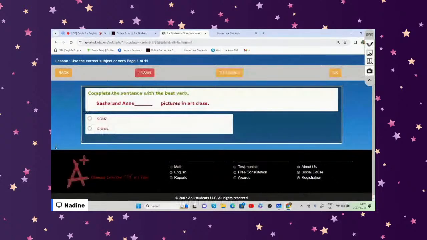Now we're going to the test where we need to complete the sentence with the base verb. And we said Sasha and Anne, they will say they draw in class or they draws in class.